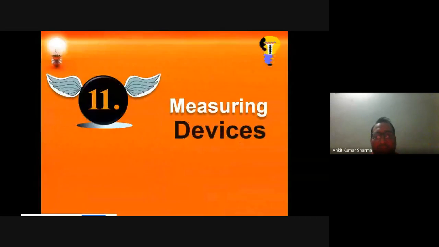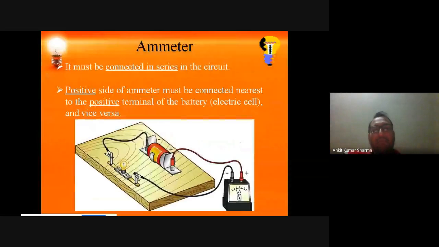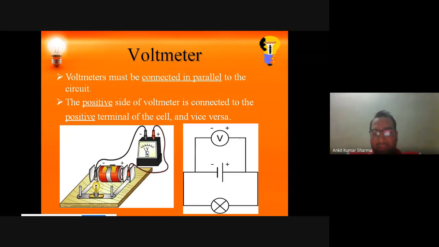Okay. So now we shifted to the measuring devices, and there are basically two measuring devices used. One is the ammeter, which is used to measure the current, and the second one is the voltmeter, which is used to measure the voltage in the circuit.